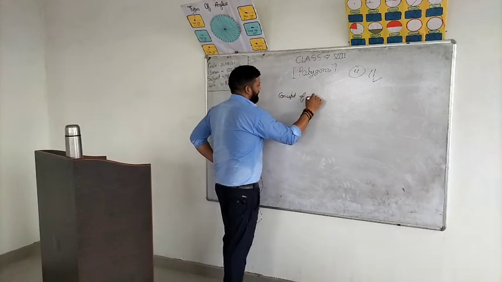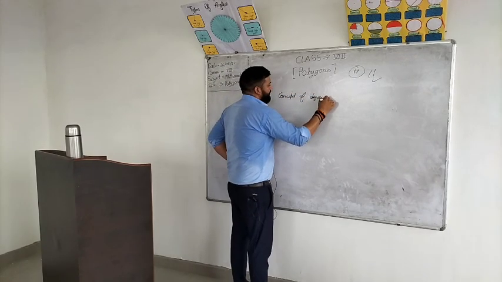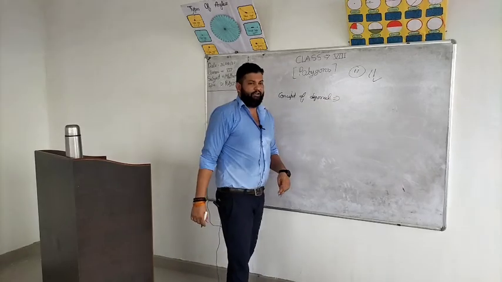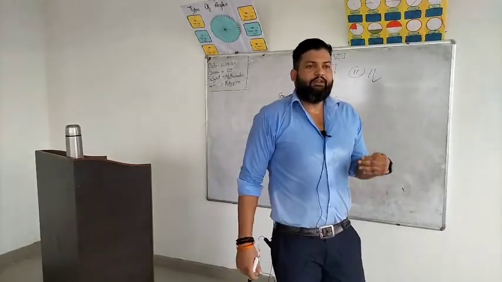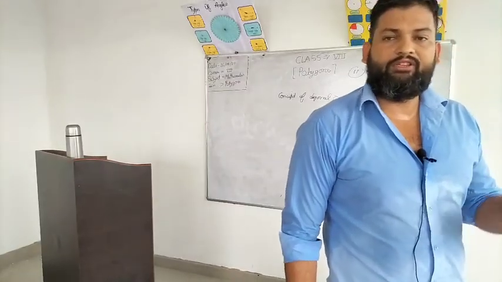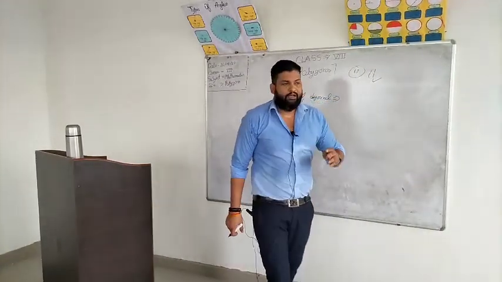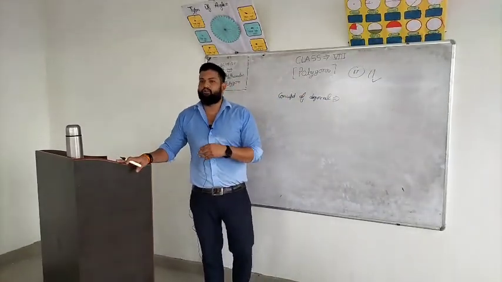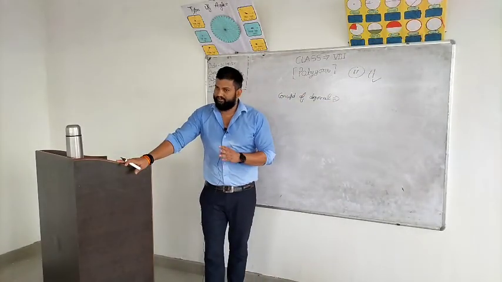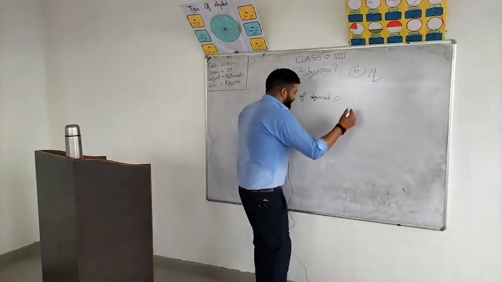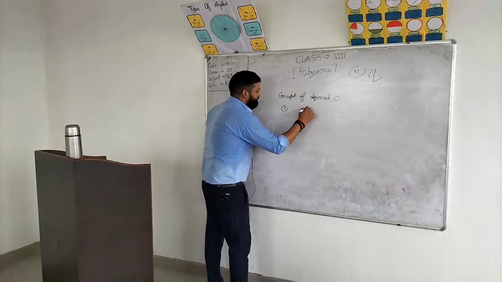Concept of diagonal. What is the concept of diagonal? In any simple closed figure, a figure made by line segments, we have to find how many diagonals we can draw in the closed figure. Is that clear? So first we discuss the triangle.